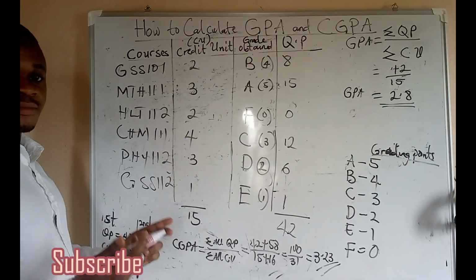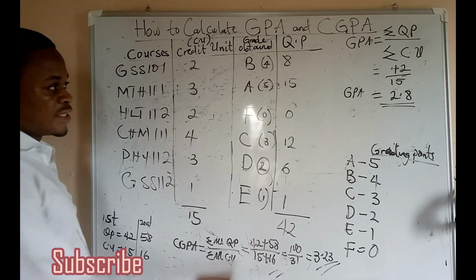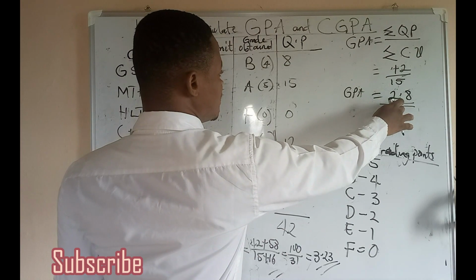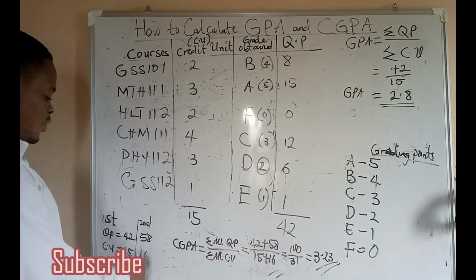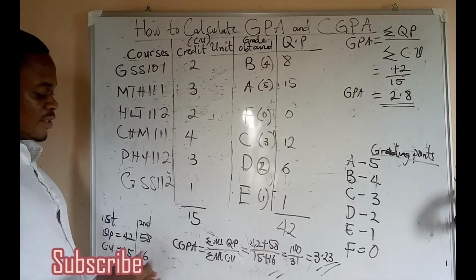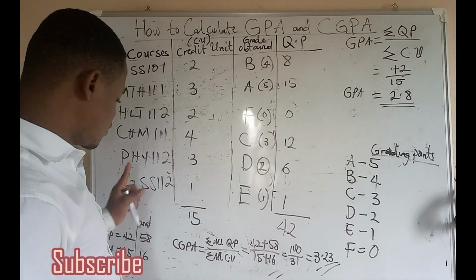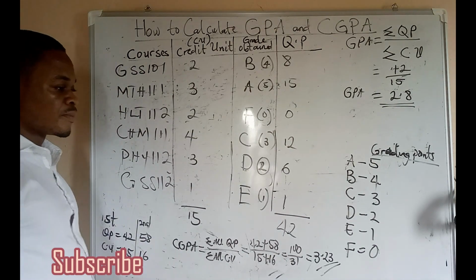When you add them, you divide by the total number of semesters. That is, if you add the GPA here, 2.8, plus the GPA here, which could be around 3.6, add them together and divide by the number of semesters, and that will give you your CGPA.